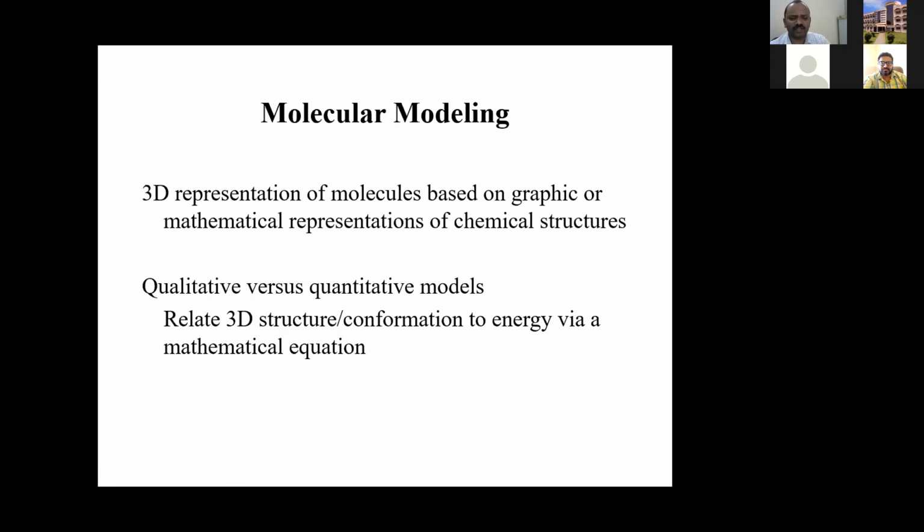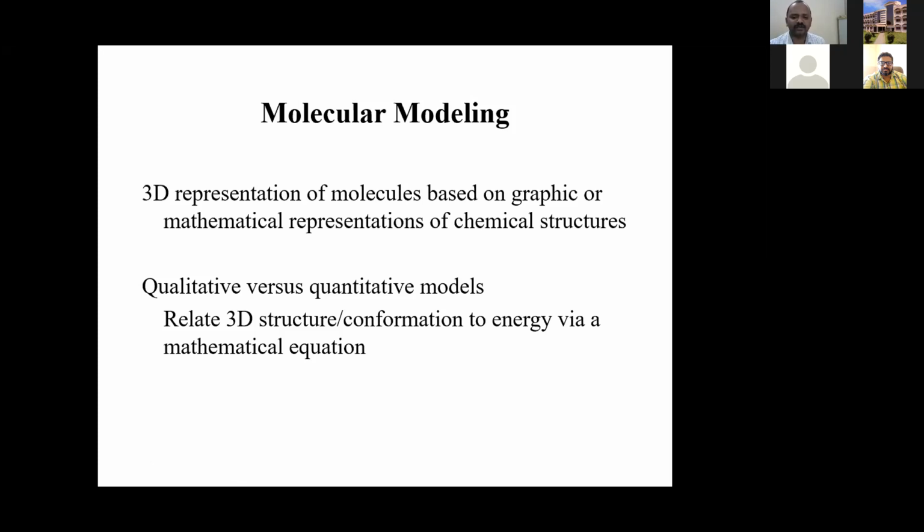What is modeling? It is simple. For example, in your B Pharm chemistry labs, if you are teaching B Pharm or M Pharm graduate students, these tiny ligands and chemicals we cannot see with our naked eyes.